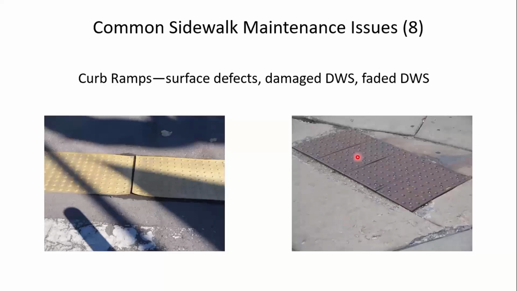And then this is interesting here on the right. Notice this agency is using the cast iron detectable warning surfaces, which are pretty durable, and it looks like they're holding up, but notice that the concrete is popping out and cracking around the detectable warning surface, so that creates some accessibility issues, also some potential trip issues as well.